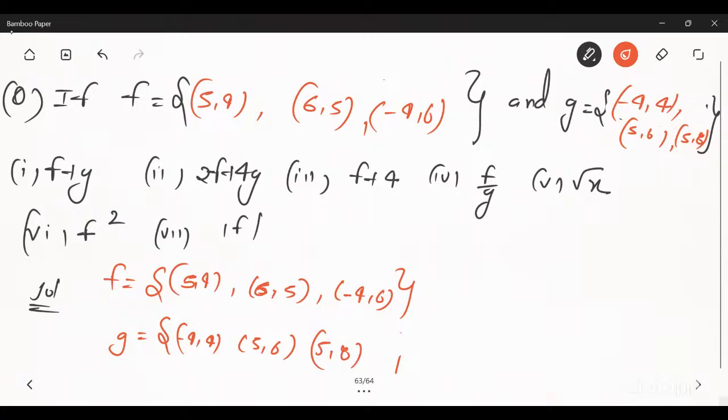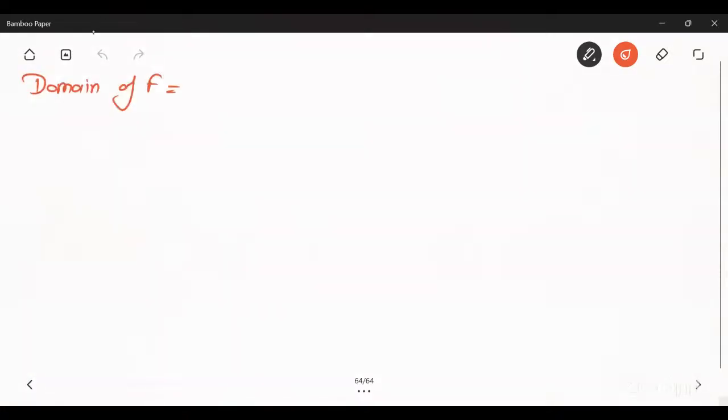So what is the domain of f? 4, 5, and 6. And what is the domain of g? 4, 6, and 8.